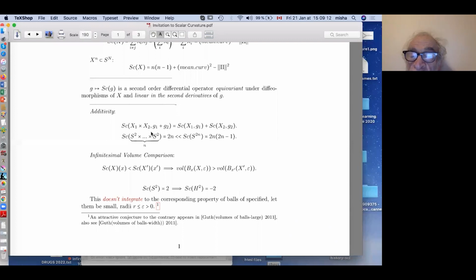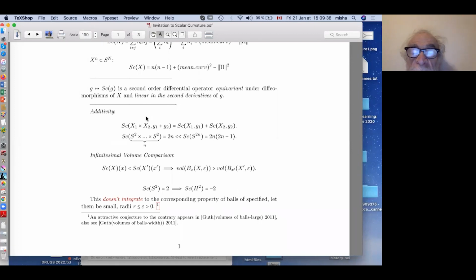And I'm using this point. If you have this property, additivity, and this normalization, you know the hyperbolic plane has curvature -2. And I'm using this because you multiply these two, so the scalar curvature is 0, which means it has roughly the same volume as Euclidean space, and you just have to make a little computation and verify this fact.